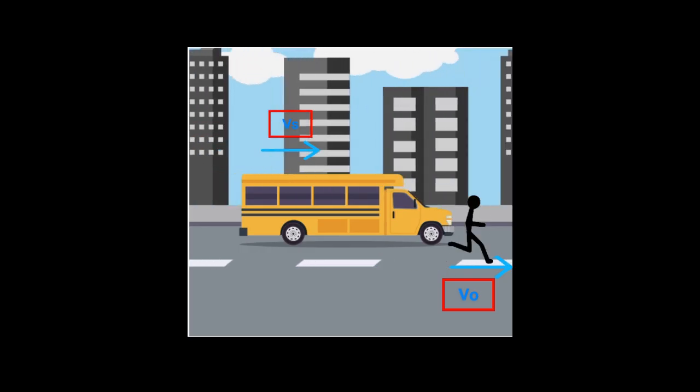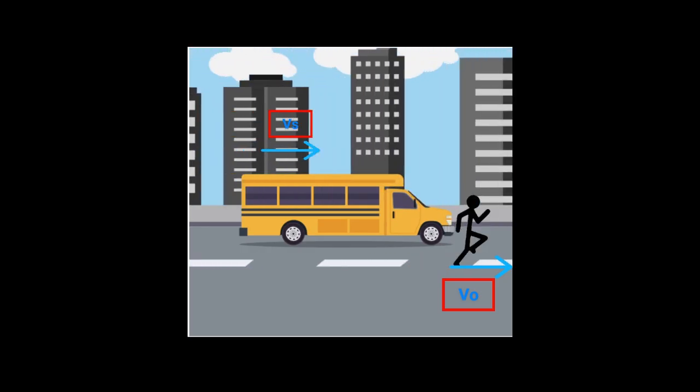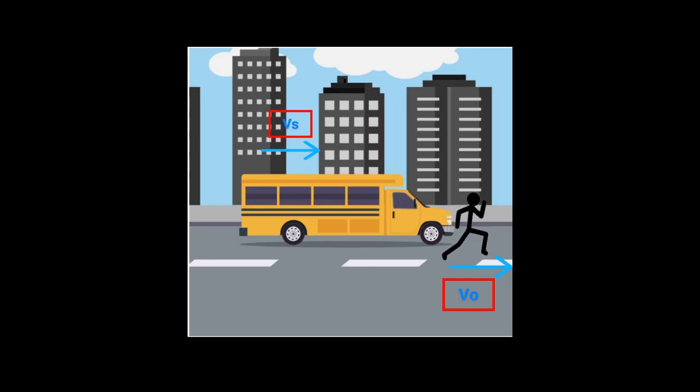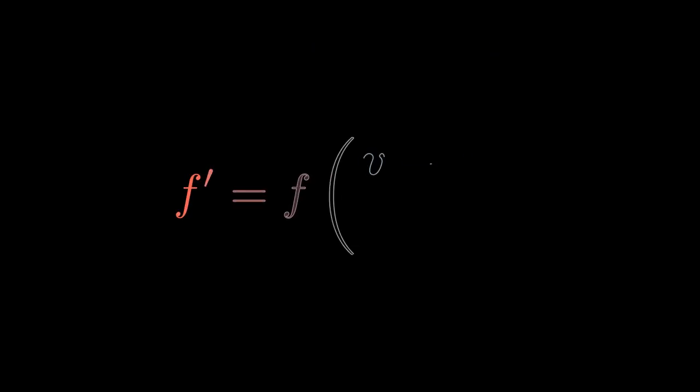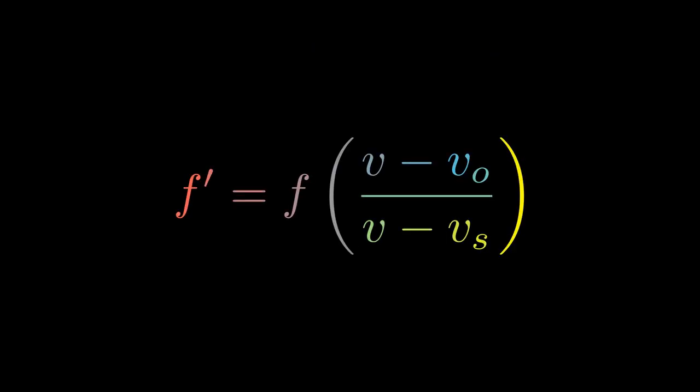Since the observer was receding, the observer is causing a decrease. And you know that the speed of the observer is in the numerator. So, in order to decrease the overall value of the fraction, we need to subtract. So that's why we are subtracting.